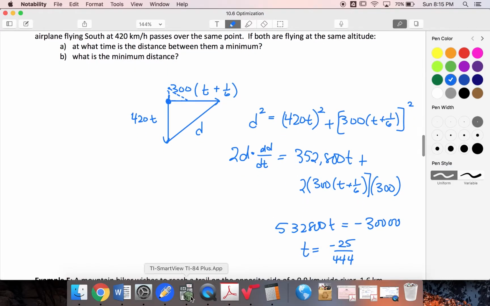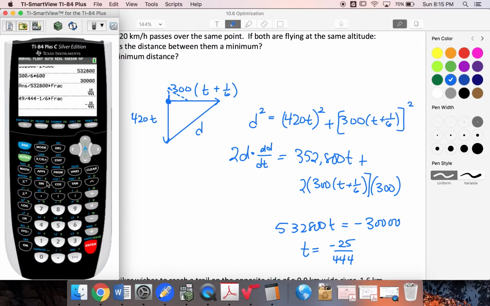let's see, so if I look at it this way, and I've got my negative 25 over 444 plus 1/6, I'm going to end up with my 49 over 444.